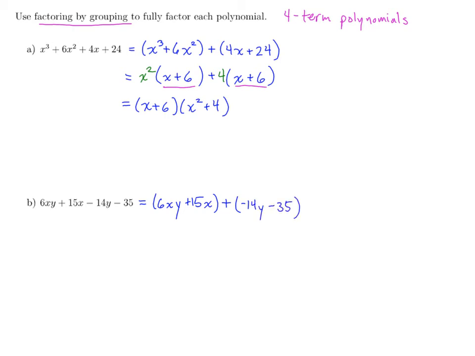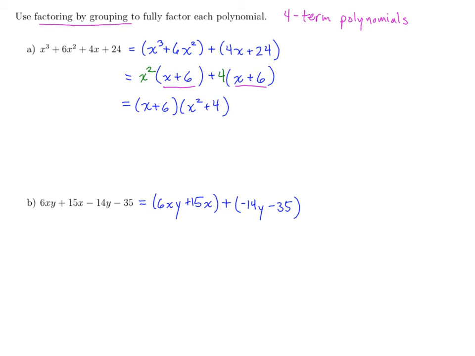So as my first step, I put this into two groups of two. And so 6xy plus 15x minus 14y minus 35 is now equal to, grouped in parentheses, 6xy plus 15x, and then I'm adding a second expression grouped in parentheses, which is negative 14y minus 35. Now that I have my two groups of two, I'm going to look for the greatest common factor of each group and then see if there's a factor common among my two groups.